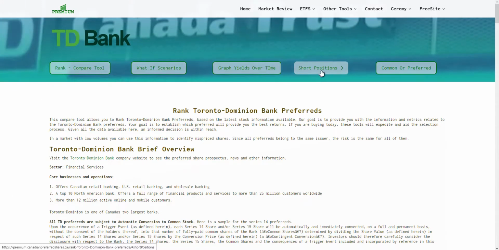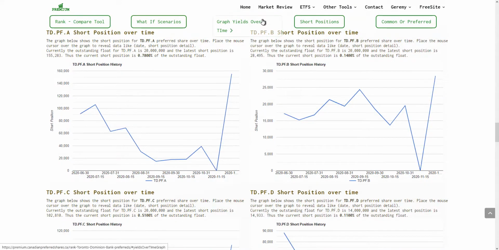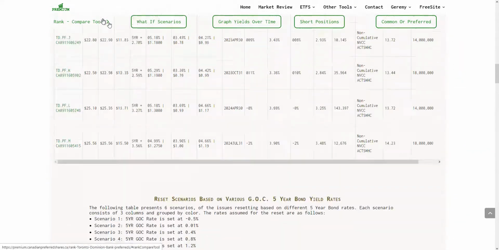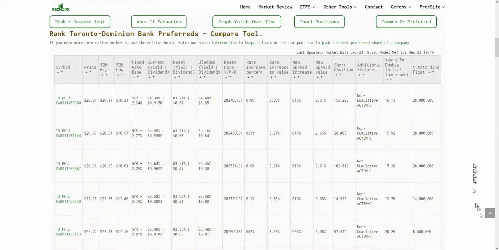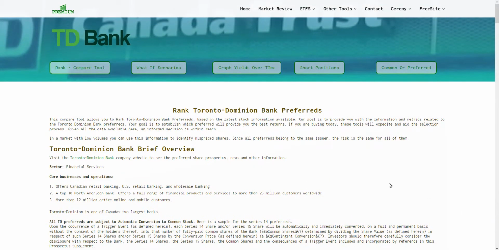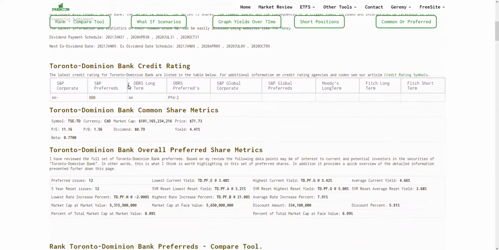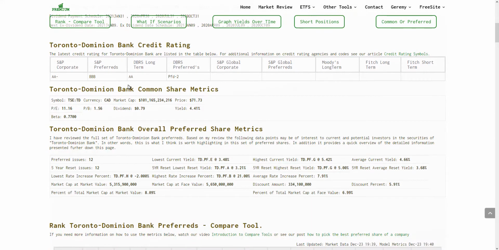These allow jumping to the start of each section, making it easier to compare information between each section on the page. Go to the top of the page using the up arrow. Scroll down the page to review some of the metrics we use. Let's go to section TD Common Share Metrics.